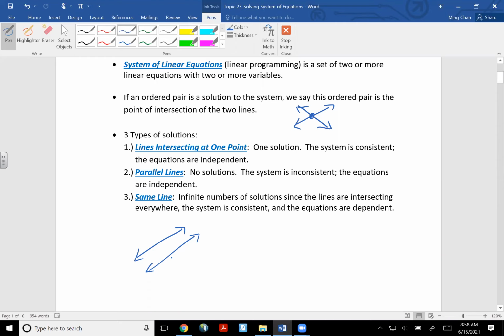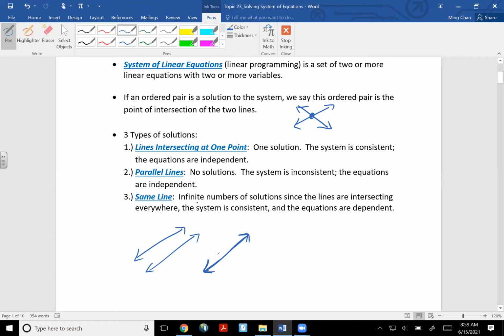Okay, same line. If two equations are exactly the same and you graph them, you will end up graphing two lines on top of one another. So therefore it becomes the same line. So technically you are intersecting an infinite number of times.